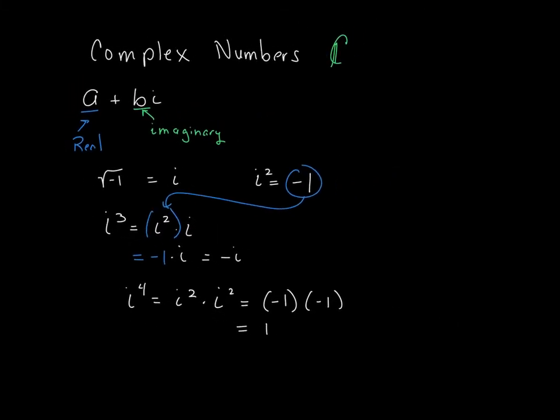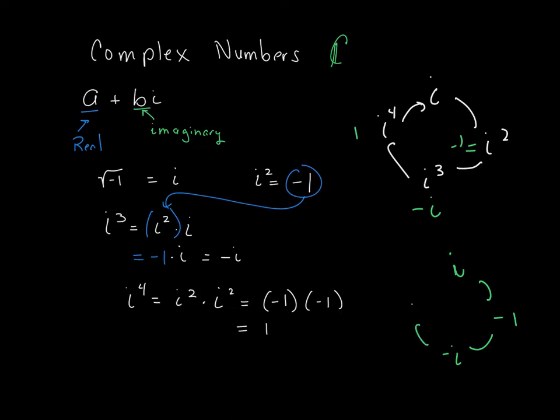It goes from i to i squared to i to the third, i to the fourth, and back to i. And those values again: i squared is equal to -1, i to the third is -i, and i to the fourth is 1. So again, it's i, -1, -i, 1, back to i.